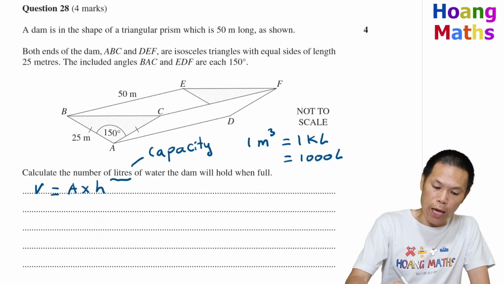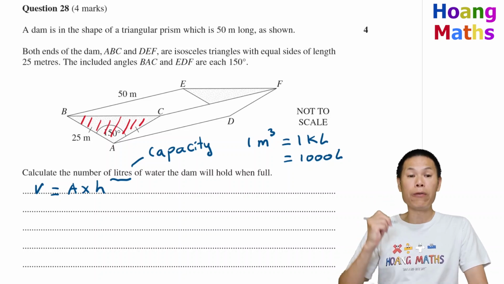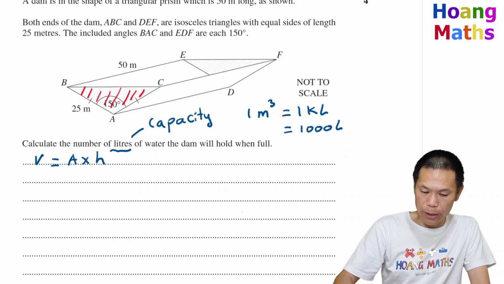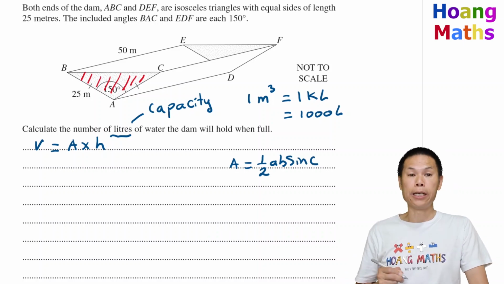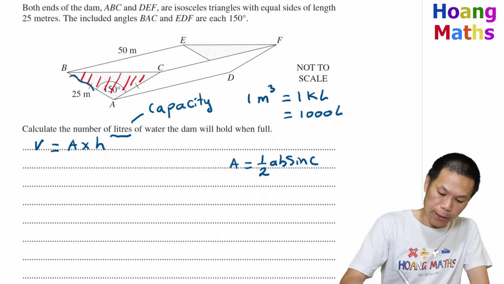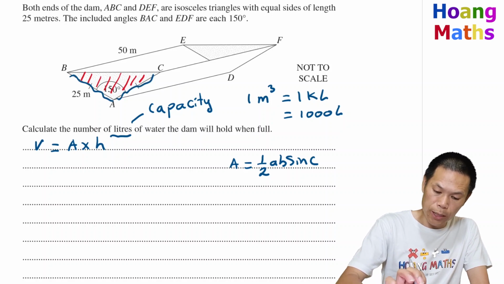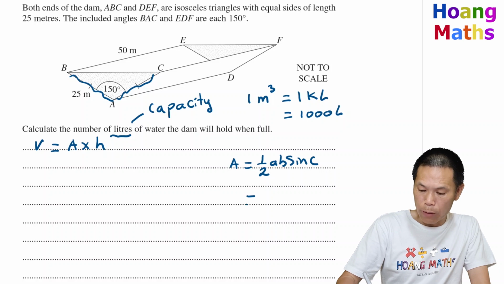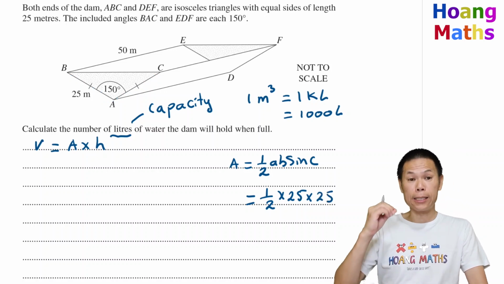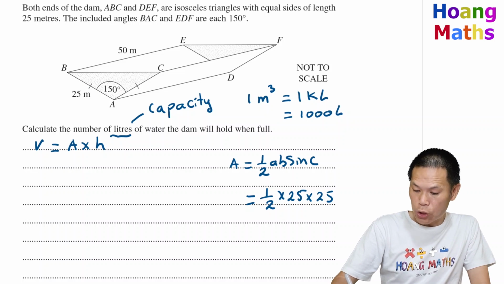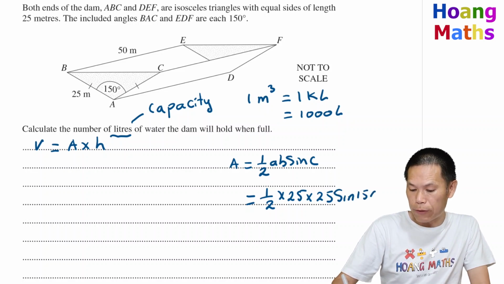And we need to work out the area of this cross section here, so that means the area of a triangle. The area of a triangle is a half ab sine C. We know that a and b are these sides, and the angle in between is 150 degrees. So that will give me 1/2 times 25 times 25, because they are both the same length, times sine of 150 degrees.